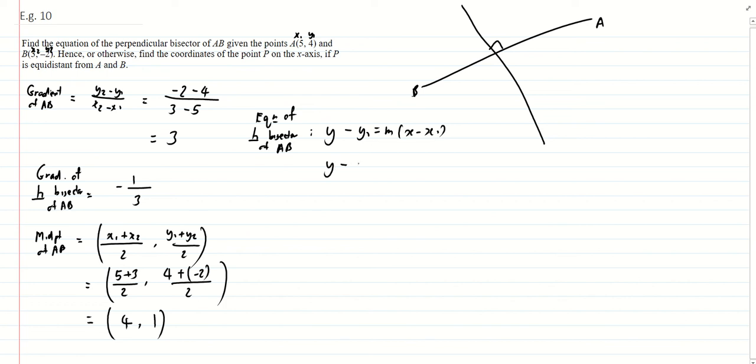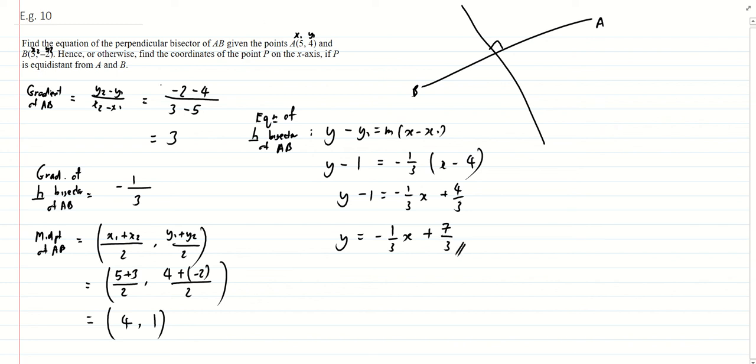So y minus 1 equals the gradient, negative 1 over 3, times (x minus 4). So y minus 1 equals negative 1 over 3 x plus 4 over 3. Add 1 to both sides. I have y equals negative 1 over 3 x plus 4 over 3 plus 1. So that will give me plus 7 over 3.